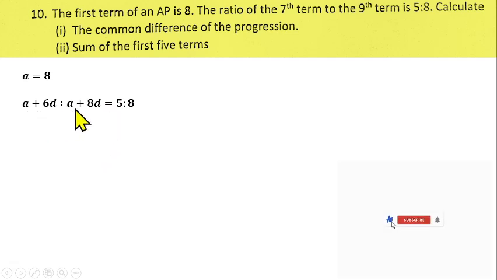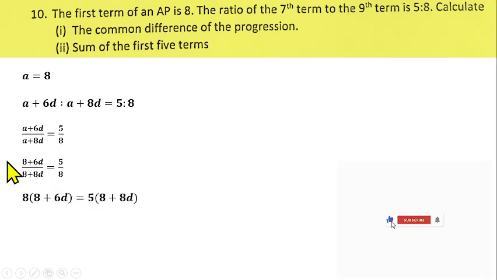I know that ratio means division, so we can write this as a plus 6d over a plus 8d, which should be equal to 5 over 8. We know the value of a, a is 8, so put that here. You'll have 8 plus 6d over 8 plus 8d equals 5 over 8. From there, you can cross multiply.